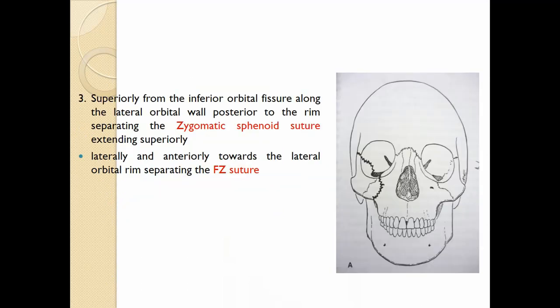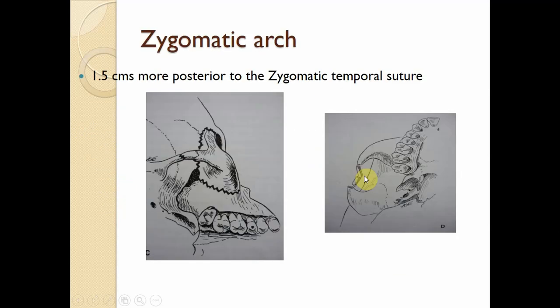The third one goes superiorly from the inferior orbital fissure along the lateral orbital wall, posterior to the rim, separating the zygomaticosphenoidal suture, extending superiorly, laterally, and anteriorly towards the lateral orbital rim, separating the frontozygomatic suture. So these are the main three lines that lead to the zygomatic complex fracture.